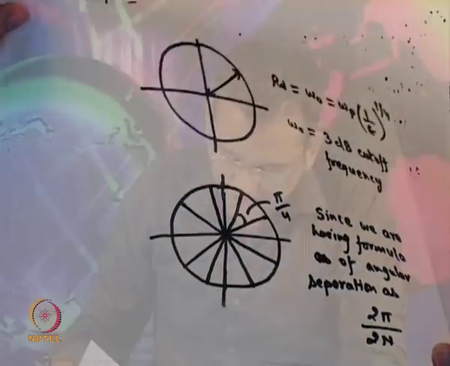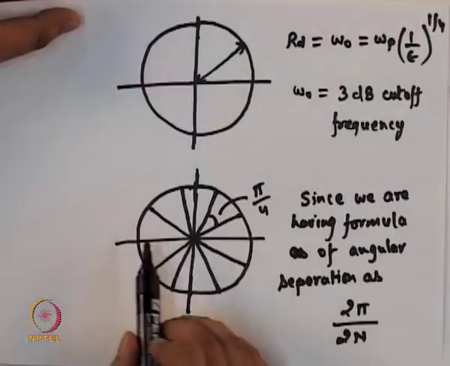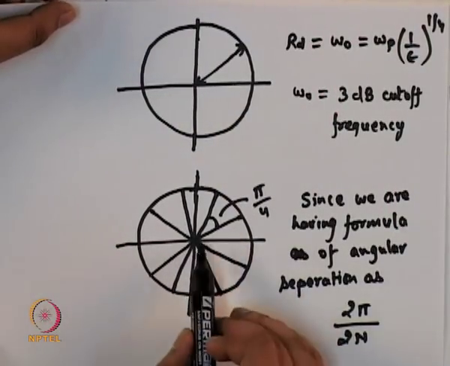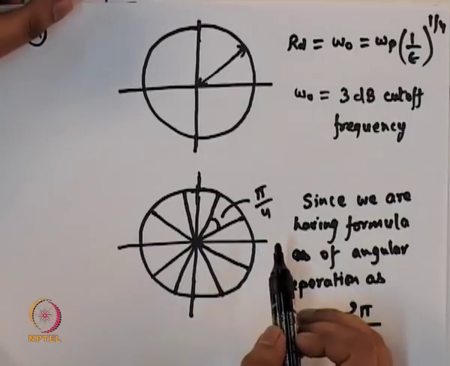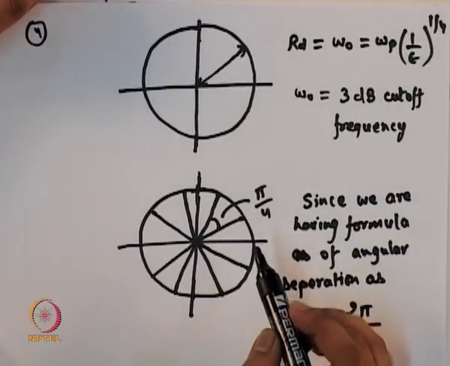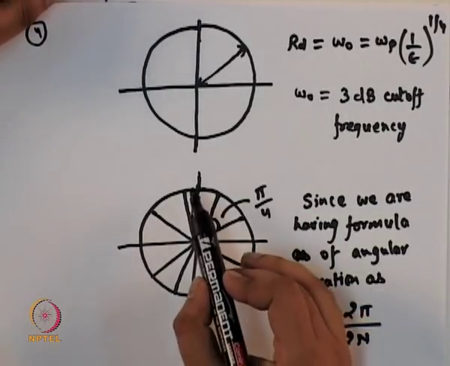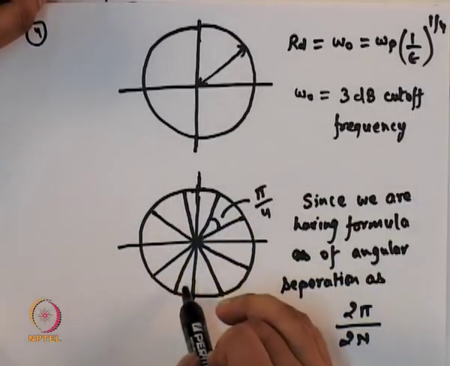Now let us see what are the angles we are having here. Before going further, let me tell you that there are two kinds of poles: 4 poles on the left hand side of the y axis and 4 poles on the right hand side of the y axis. For a real stable system, we always want poles on the left hand side of the y axis.